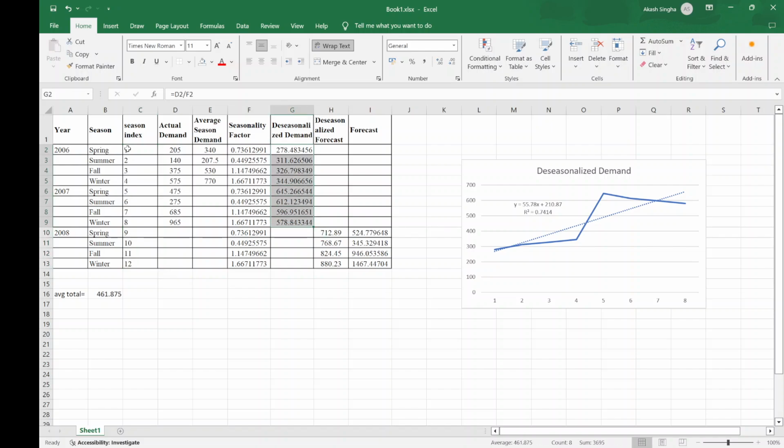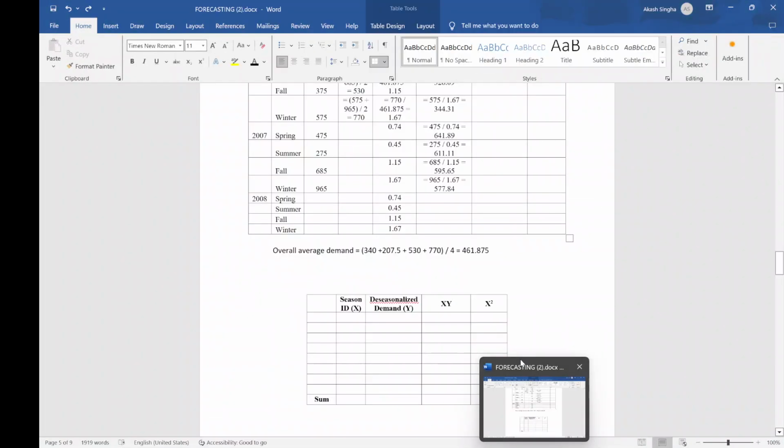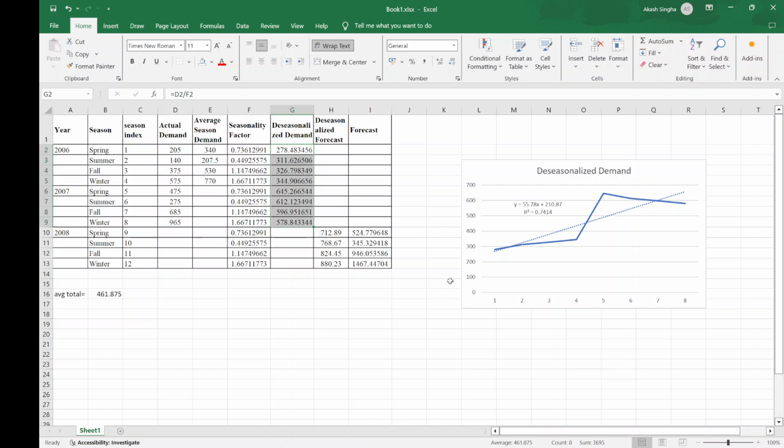We have 8 values, so we'll take 1 to 8 and do a regression equation and calculate the b value, which will be 55.78x, and then substitute that value to calculate the a value, which you will get by calculating y bar and x bar and substituting the value of this 55.78 here.